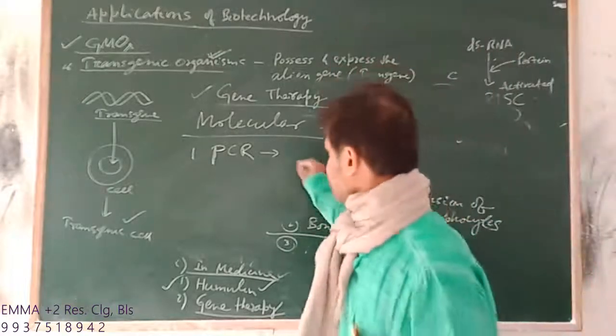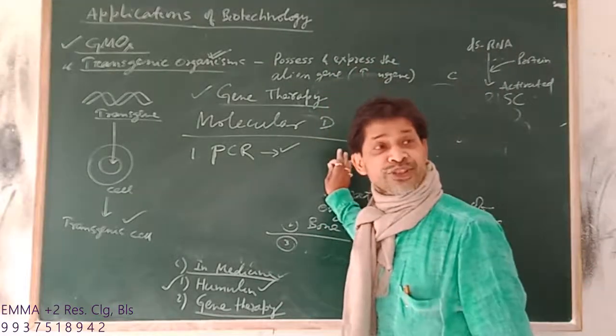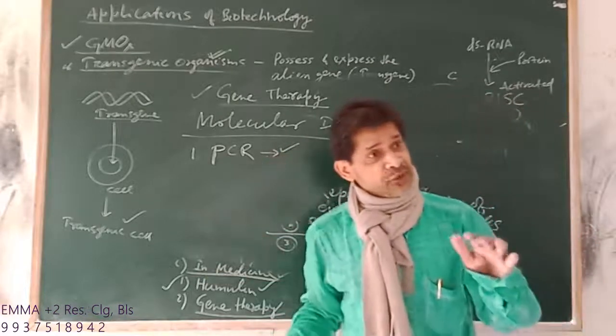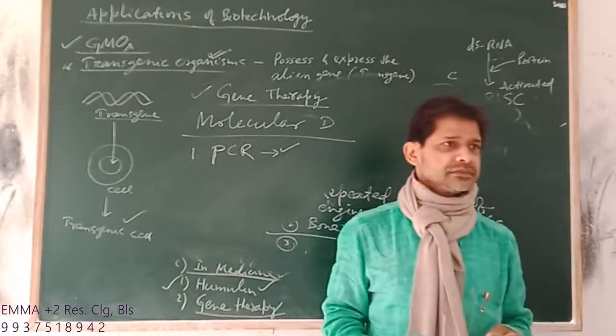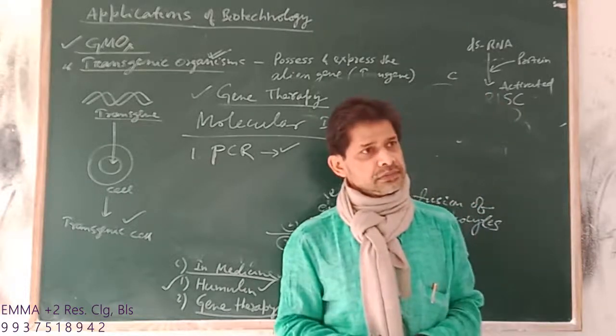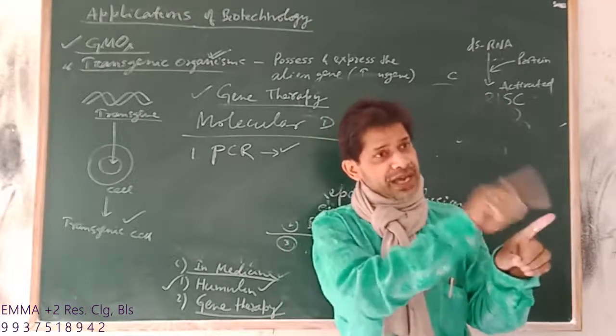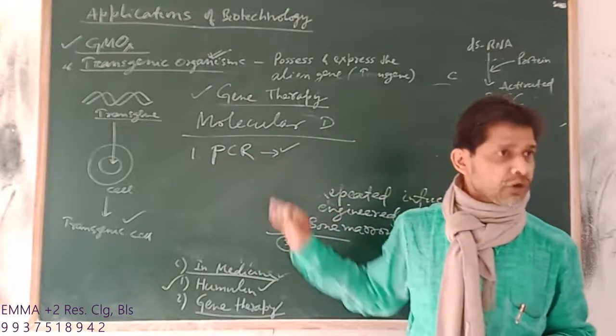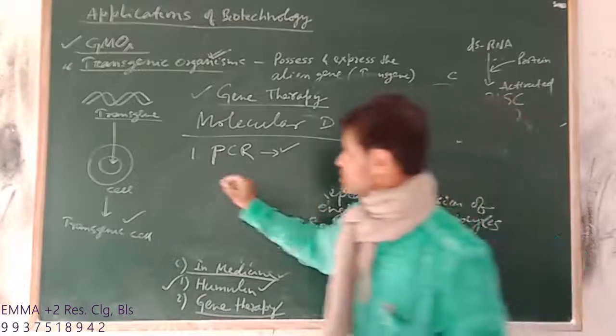By this technique you can also detect coronavirus, because we can amplify the DNA, genetic material that is not known to us. So reverse transcription, RT-PCR, polymerase chain reaction. This is a confirmatory test, molecular diagnosis.